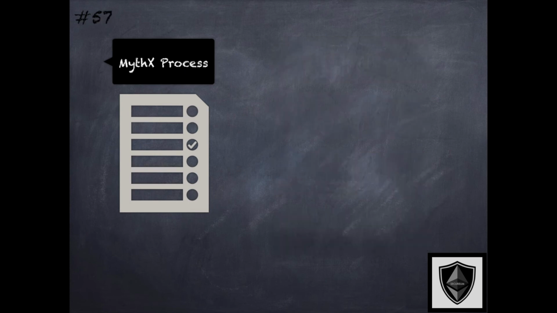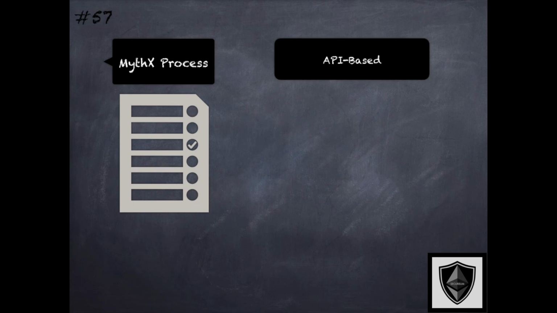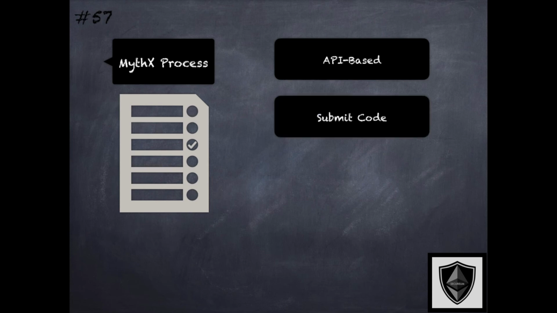So how does the Mythics process work? Recall that Mythics is an API-based service, so Mythics does not run locally on the user's machines, but it runs in the cloud. So the first step is for the project to submit the code to the Mythics service.